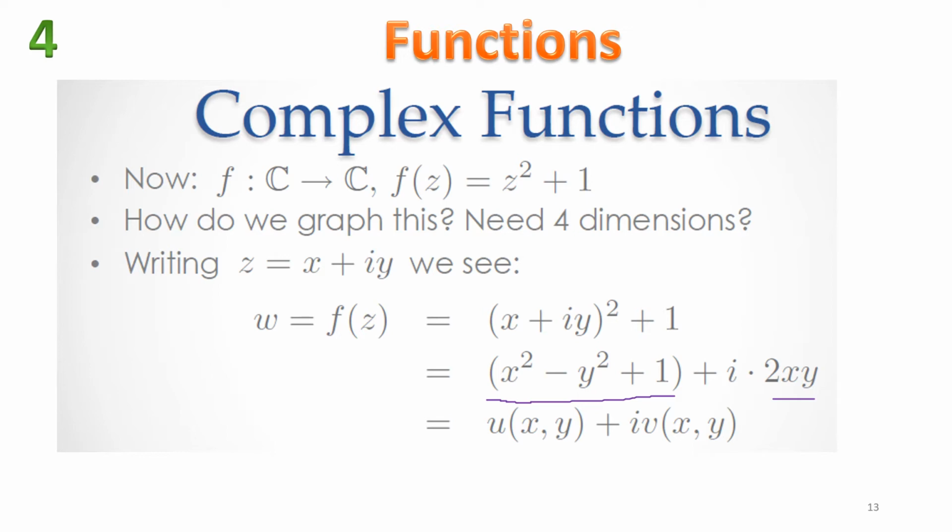Let us imagine another function v that is depending on 2 variables x and y, and the function is 2 times x, y. Thus, here we have 2 functions u and v, and we have a mapping from R square to R.